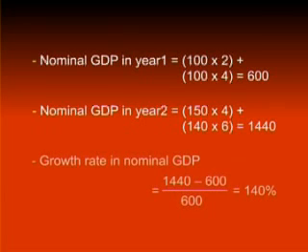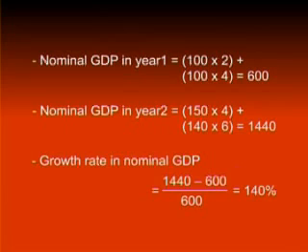Now, the growth rate in the nominal GDP from year 1 to year 2 would simply be 1440 minus 600 over 600, and this gives a growth rate of 140%, which is a very high growth rate.